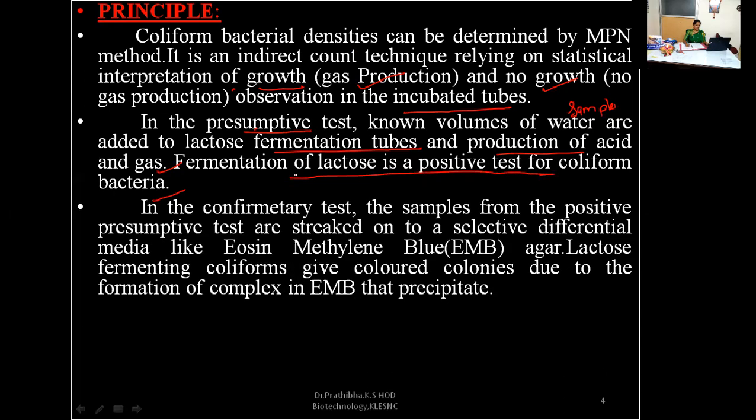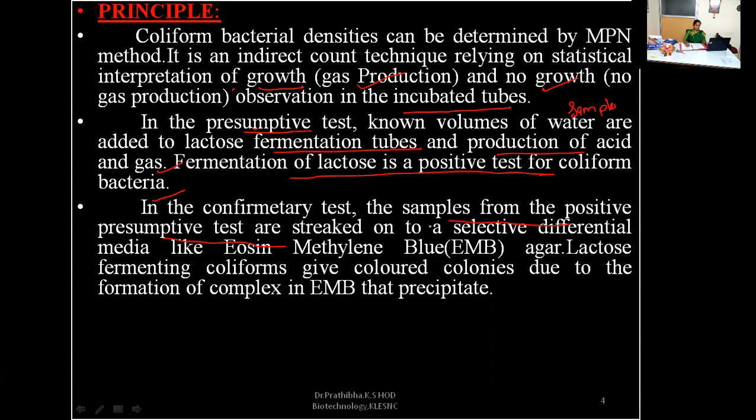In the next stage, the confirmatory test. In this confirmatory test, the samples from the positive presumptive test are streaked onto a selective differential media like eosin methylene blue.